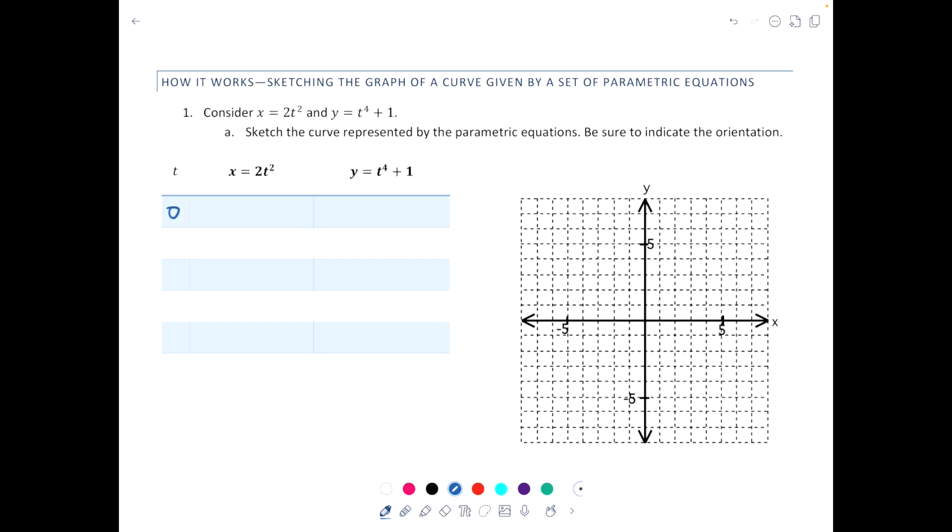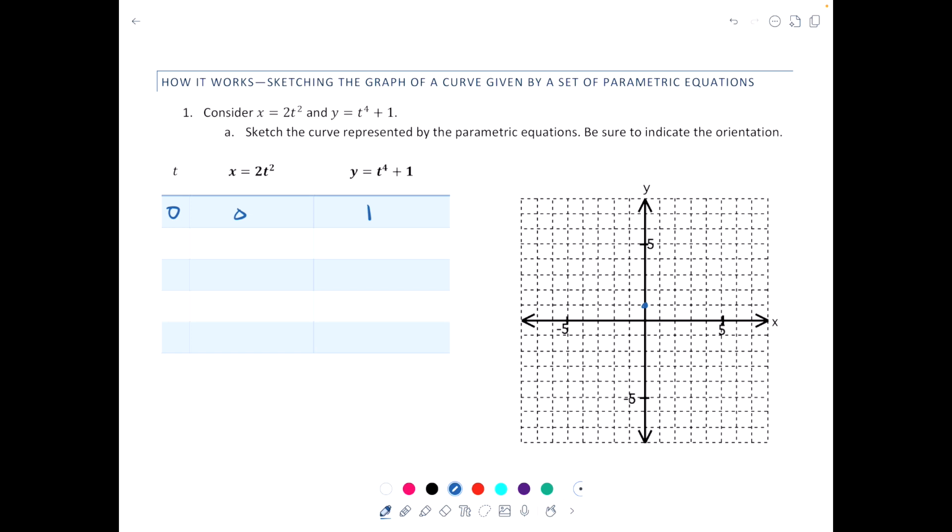If I plug in 0, I'll get x equals 2 times 0 squared, which is 0, and y would then equal 1, just plugging in the value for t into the other two equations. So I'll go ahead and plot the point 0, 1 on our graph.